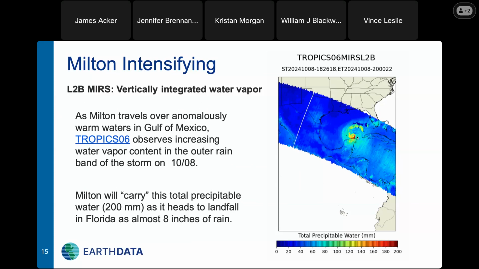You can really see the total precipitable water in units of millimeters. You can see this really heightened signal here as Milton at its peak strength is heading towards the western coast of Florida. Milton will end up carrying this precipitable water as it heads to landfall in Florida and unleashes catastrophic rainfall.